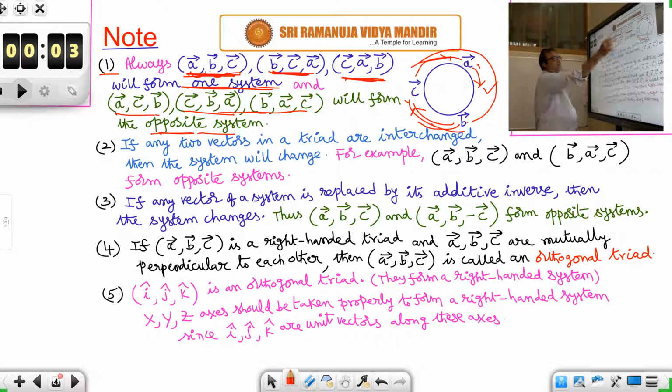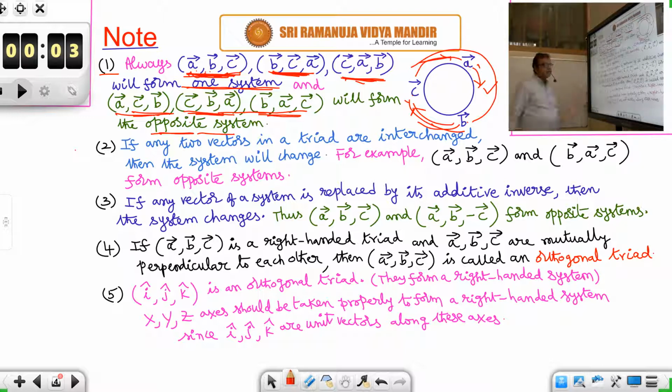So if the first three are right-handed, then these three will be left-handed. If the first three are left-handed, then these three will be right-handed. Just opposite. That is the first point.